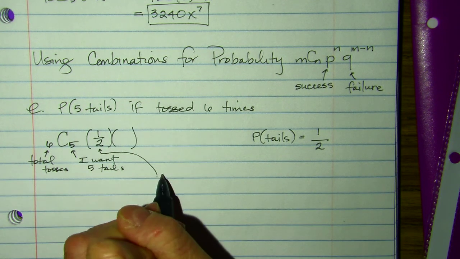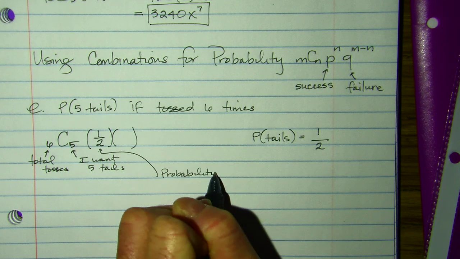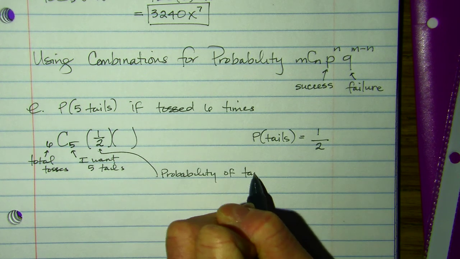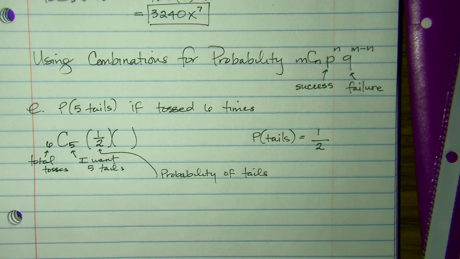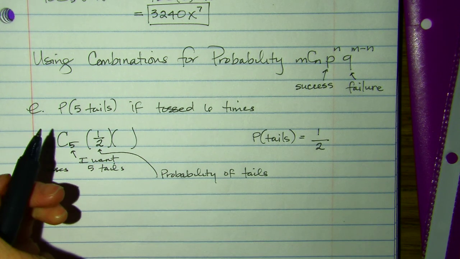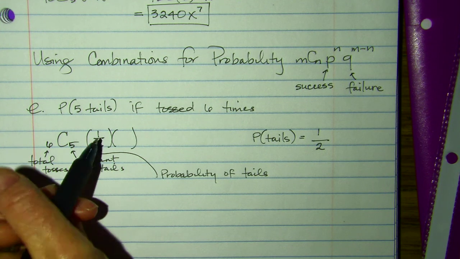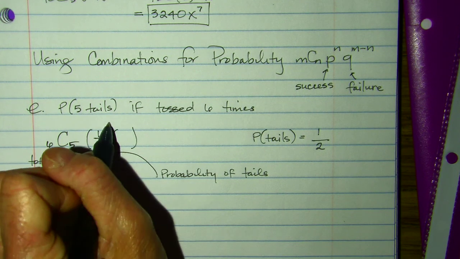So this right here is the probability of tails. Now, we're going to set this one up differently, okay? We could switch it around later, but I'm wanting to get 5 tails.